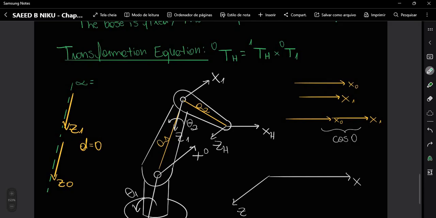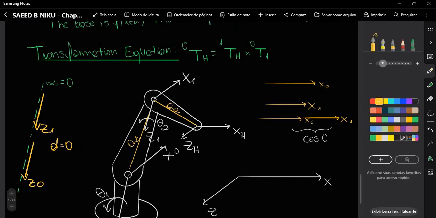And also, let me place right here a distance of the common normal, A1.